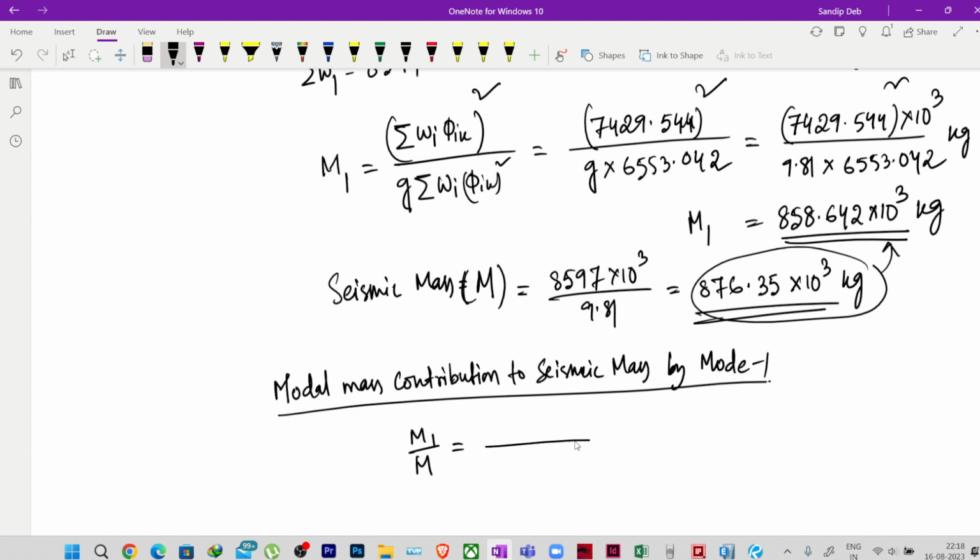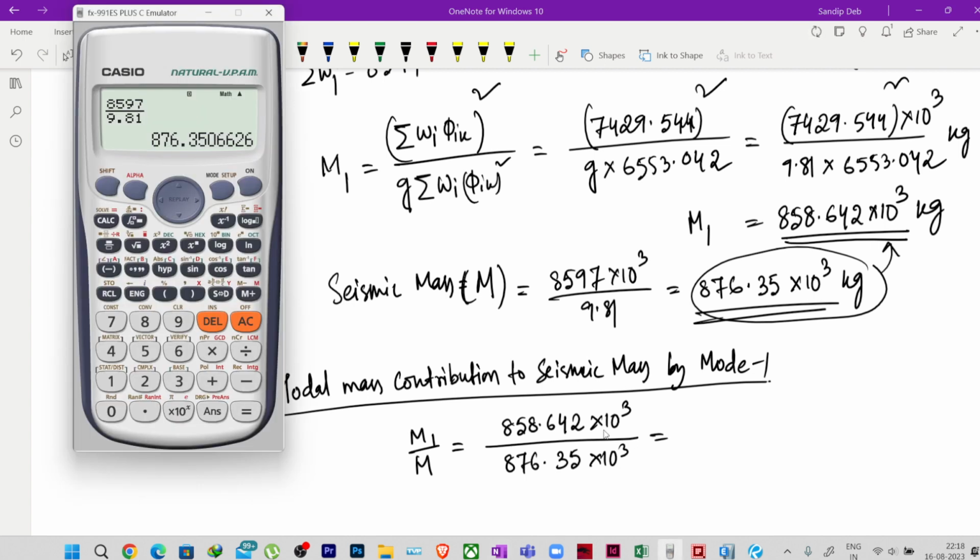So if you just do it like this, 858.642 multiplied by 10 cube divided by 876.35 multiplied by 10 cube, how much we are getting?